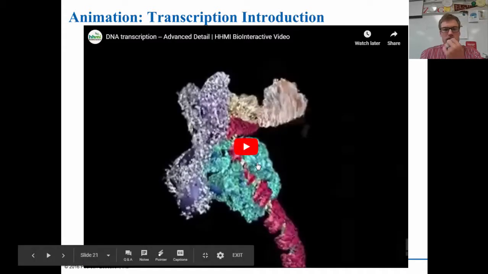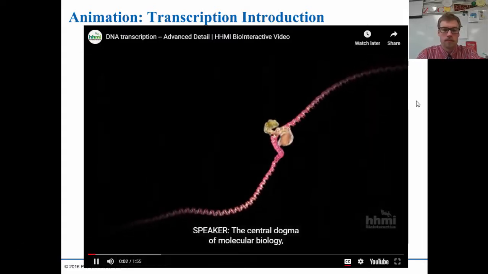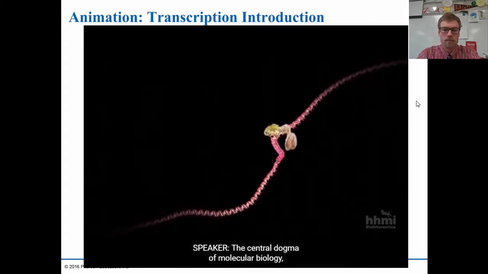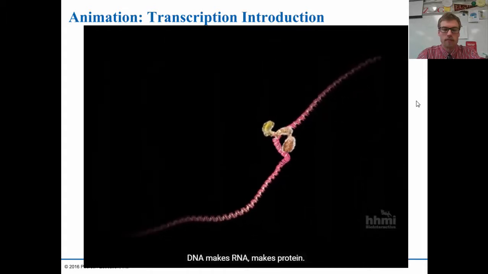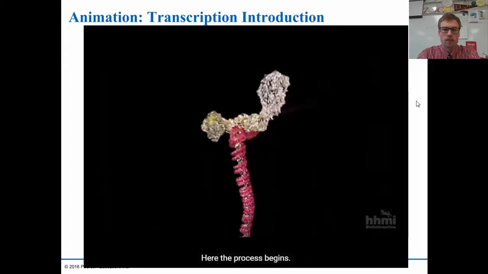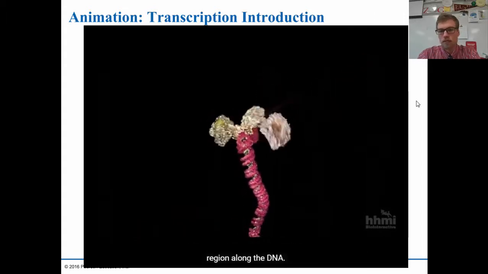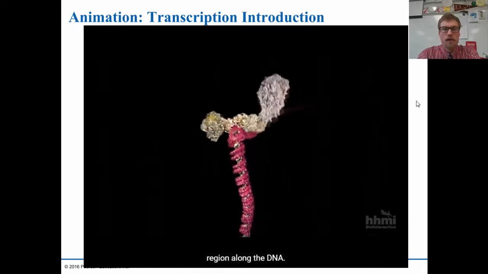Here's an animation that's going to kind of introduce us to the transcription process. The central dogma of molecular biology: DNA makes RNA, makes protein. Here the process begins. Transcription factors assemble at a specific promoter region along the DNA.